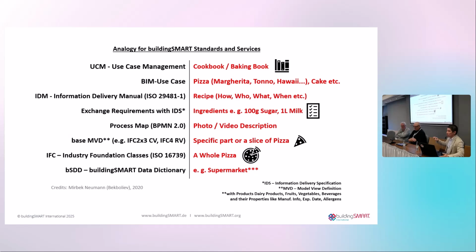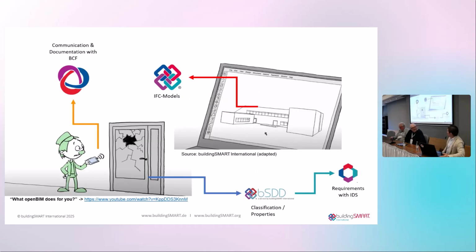Everyone says IFC is the single source of truth, but in our case, as a proof of concept, bSDD is the single source of truth, because in bSDD you will find the IFC dictionary, you will find ETIM, Uniclass, and all other dictionaries that you may need for your ingredients, right? So then let's go through an example. I like this video that we did in the past.